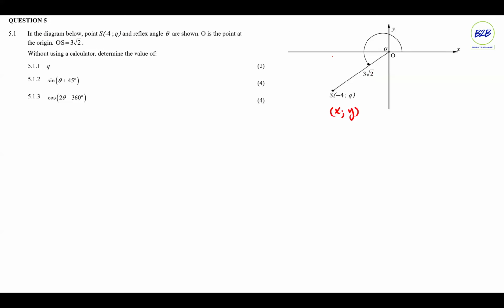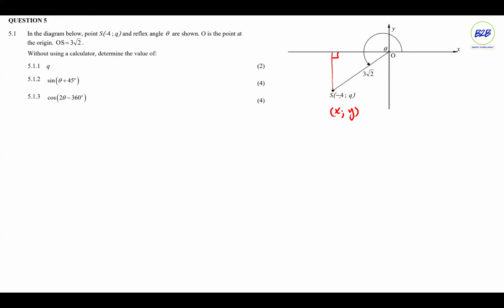Our responsibility now is to complete this diagram and then answer these questions. It's very simple to complete this diagram. You just draw a vertical line, which will be perpendicular to the x-axis. And then from there, we use the coordinate S to label the sides.